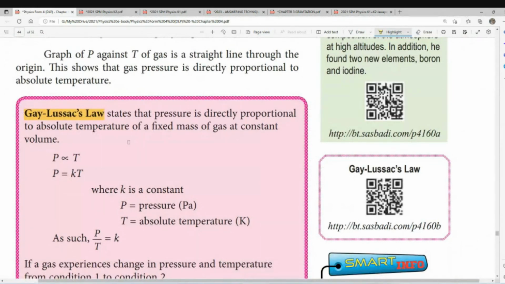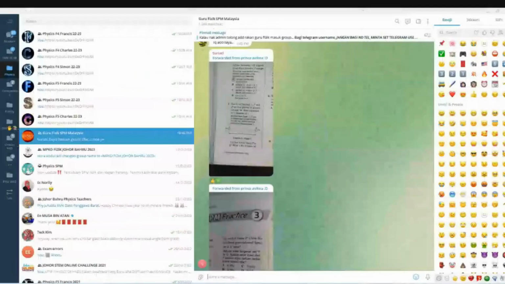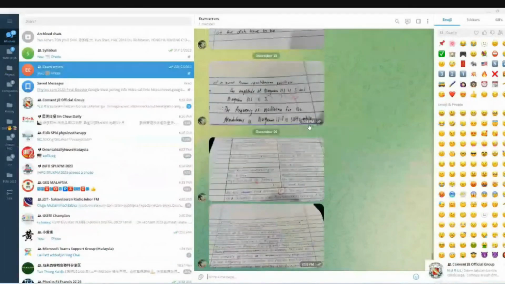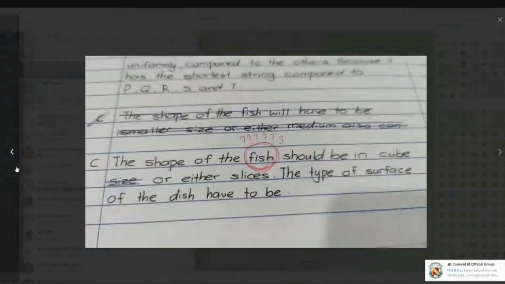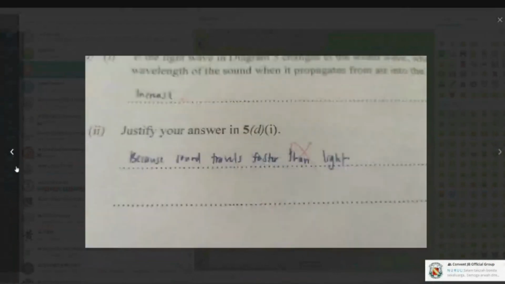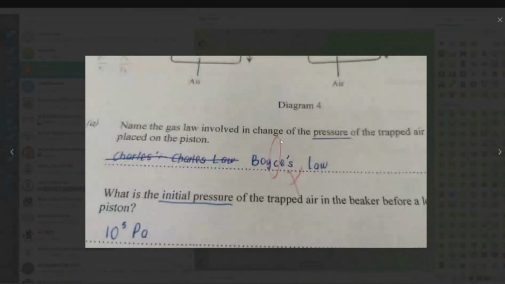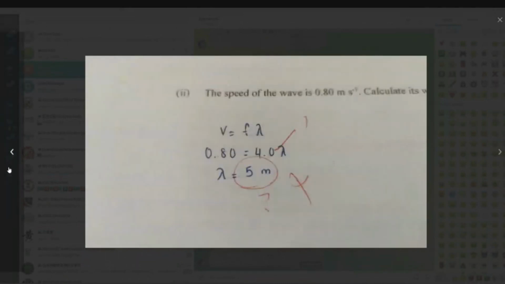I still remember they got the answer given during the Form 4 exam. There's someone who gave me the gay law before. You see the spelling? Boyle's law, right? If one spelling is wrong, then the answer is definitely wrong.